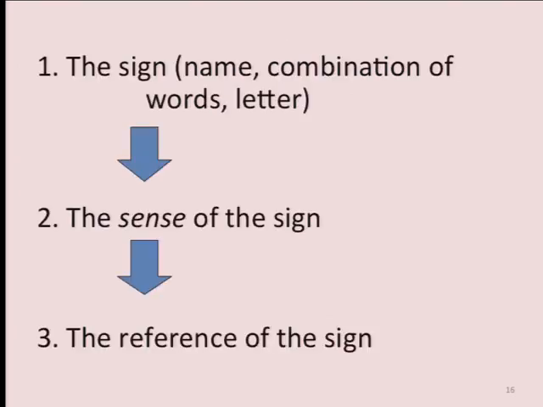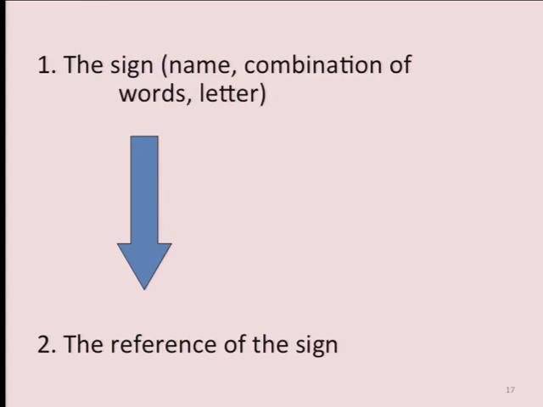Frege says that's not quite right. He says you need three parts here. There's the name, Sir Percy Blakeney, that combination of words, what he calls the sign; its sense; and the thing that the sign stands for, Sir Percy himself, or the rising sun, or whatever it is. Now, he's arguing against a picture in which there's just the sign and the object, and that's all there is to say.